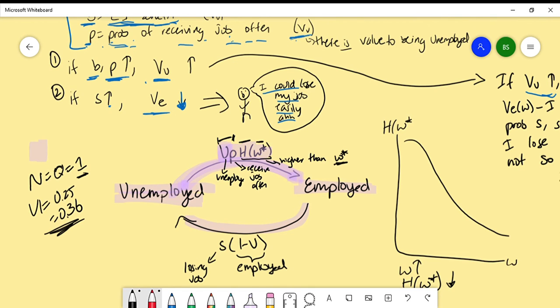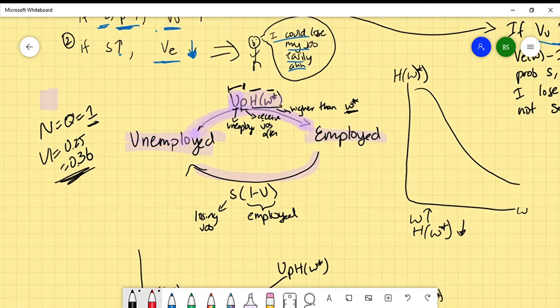So HW is just the probability of being higher than the reservation wage, a function which we will look at. And so basically this is the amount of people going from unemployed to employed. It's the people who are unemployed, who get a job offer, and whose job offer has a wage higher than the reservation wage. So that's the employed.